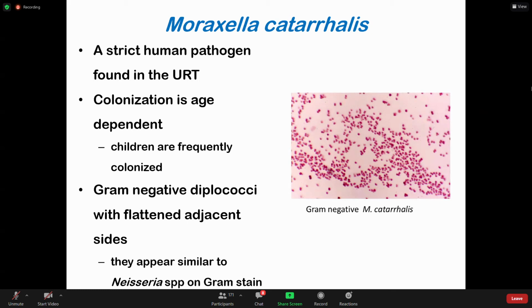So when we have this isolate in the laboratory, it is very important for the clinical team to relate this isolate to the clinical presentation of the patient, because this is not a frequent cause of otitis media or sinusitis. So you really have to look at the patient's history and make up your mind if this is a significant finding.